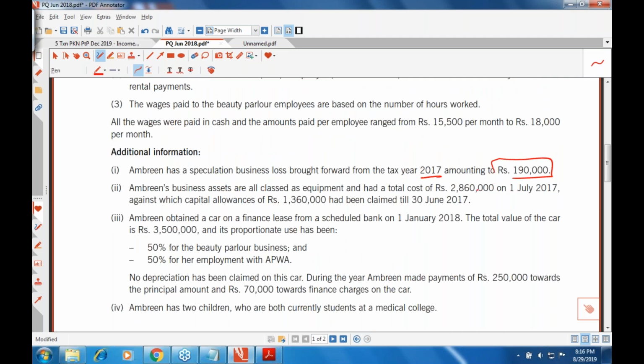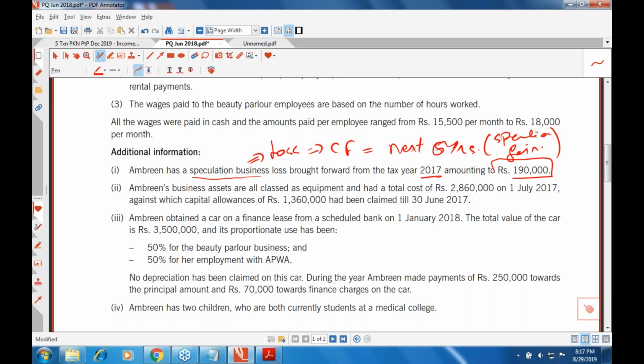Remember, if you have a speculation business and there are any speculation losses, they can be carried forward for the next 6 years, and can only be adjusted against speculation gain. That's the only adjustment that can happen.